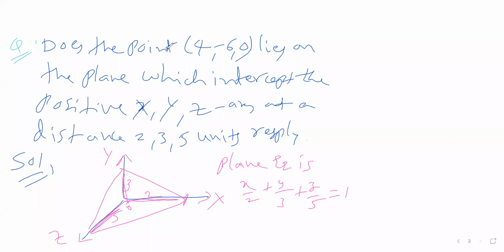Now we want to verify whether this point (4, -6, 0) lies on this plane or not. The idea is simple: we substitute.